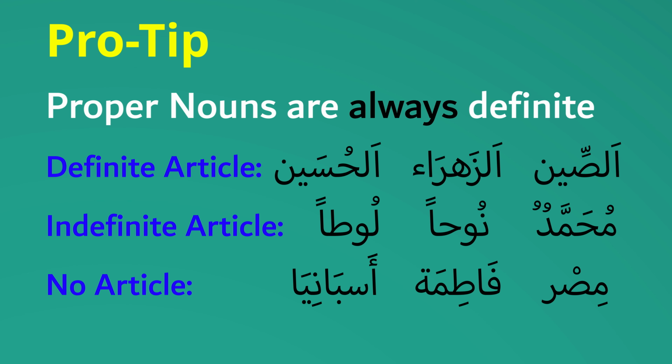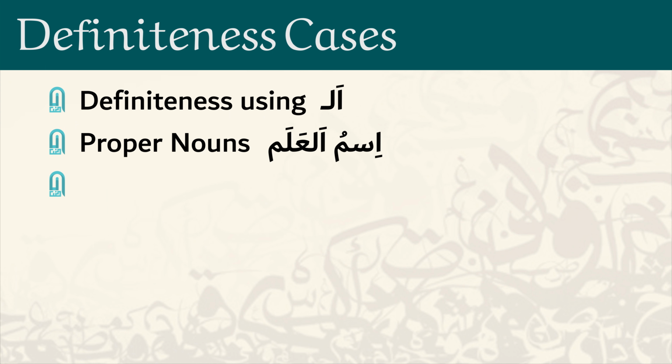So, once you see a proper noun, don't bother yourself by checking definiteness or indefiniteness, because proper nouns are definite in all cases. The third case of definiteness is pronouns.